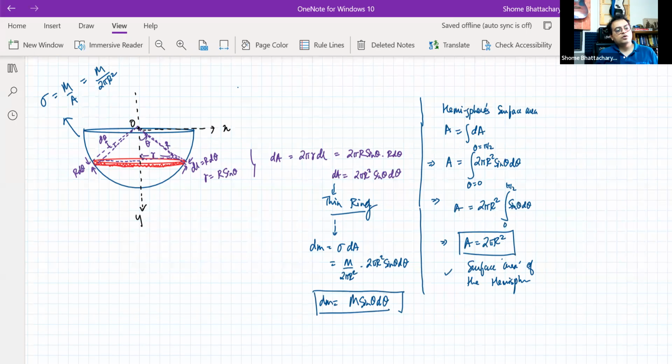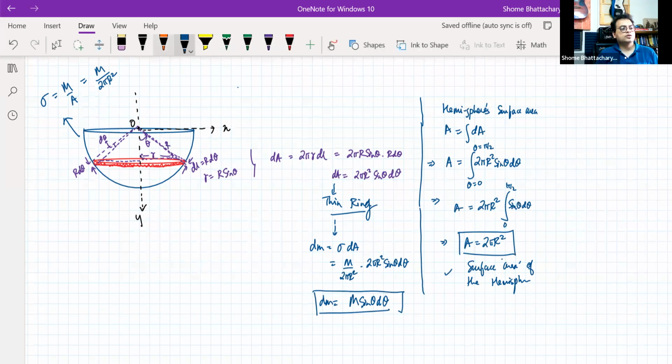Now, what should I substitute as the y coordinate of this ring? For the thin ring, the y coordinate is r cos theta. So this is the mass, this is the y coordinate.